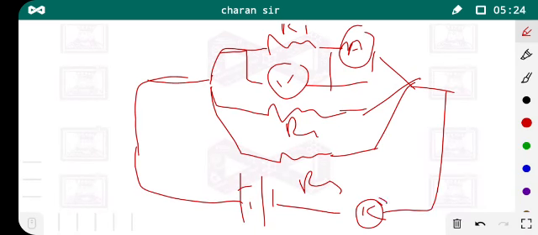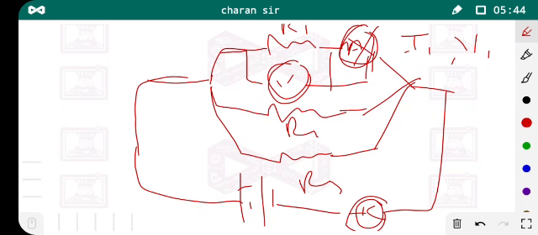Now close this key and note down the values of current and voltage across that resistance. In this case the current value is I1 and the voltage value is V1, suppose. Similarly we remove this ammeter and voltmeter.